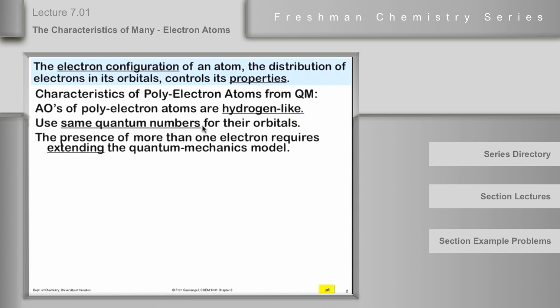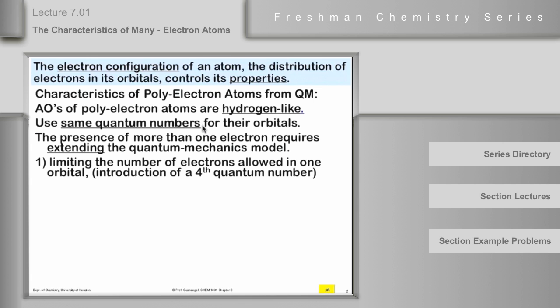Are we off the hook? No. We're not, because we have to extend the quantum mechanical model to account for the interaction between electrons. And this was done in a very unexpected and simple way.